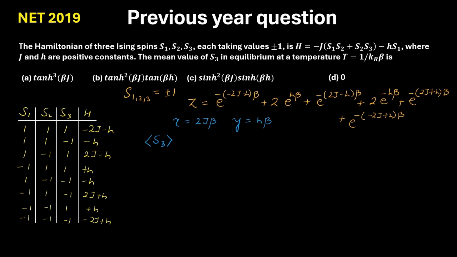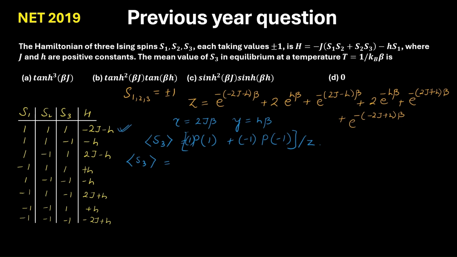So it will be probability of getting 1 into 1, then probability of getting minus 1 into minus 1. The whole quantity will be divided by Z. Let's take this combination.